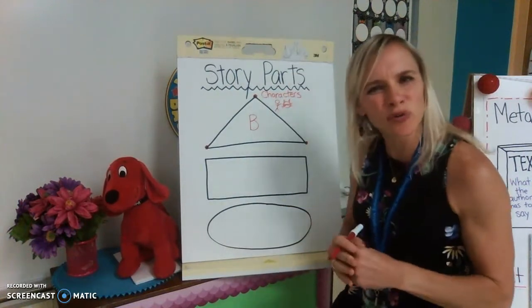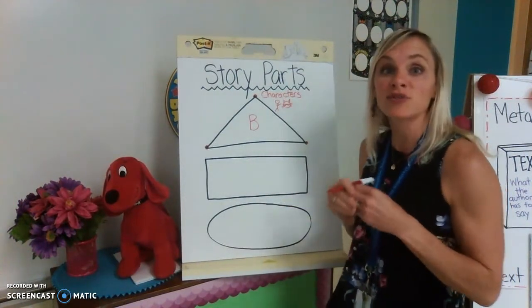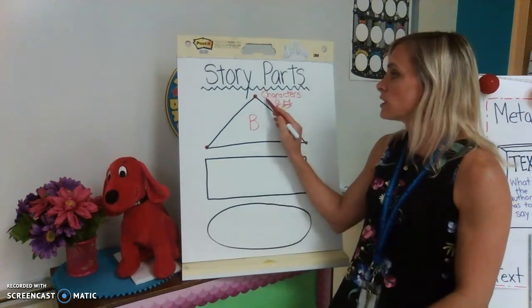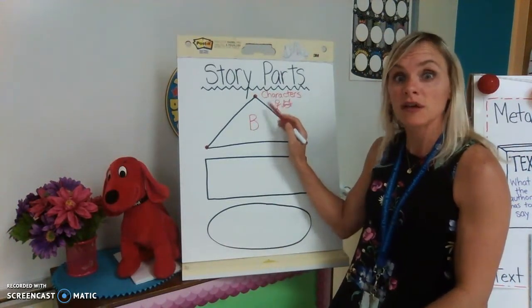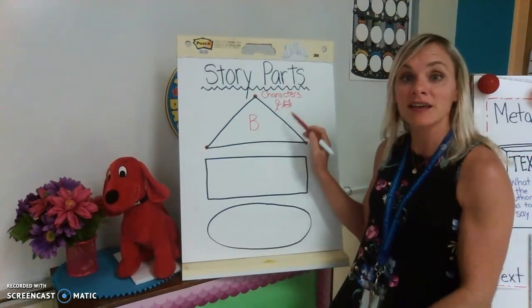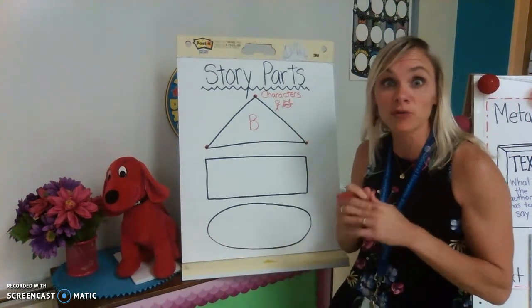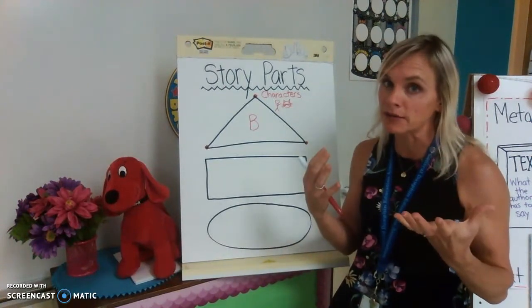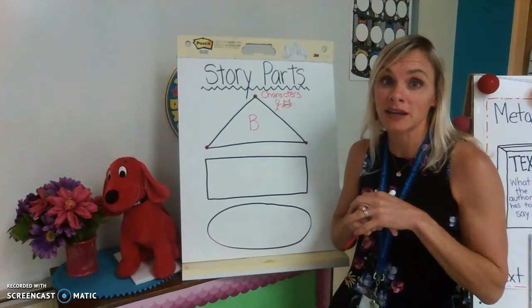We don't really use story parts with nonfiction. So this is for fiction stories. So as you start reading, you should always be looking for who are the characters. Are they people? Is it cats? And look for that main character. Most stories have one character that the story is mostly about, and that's called the main character.